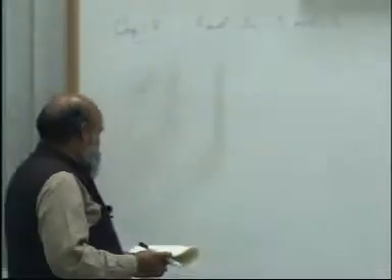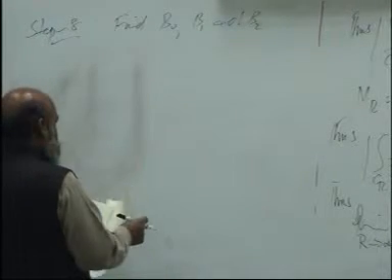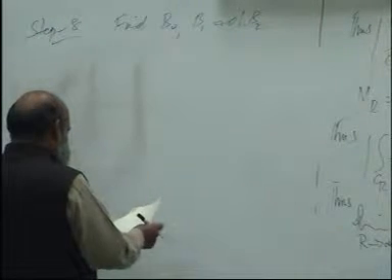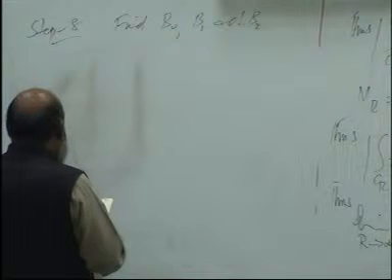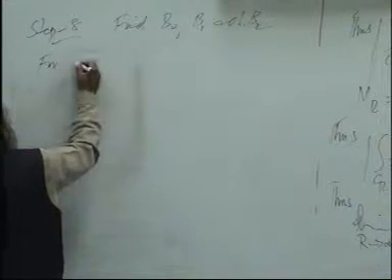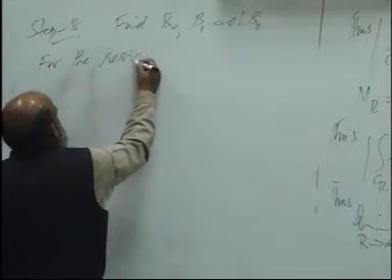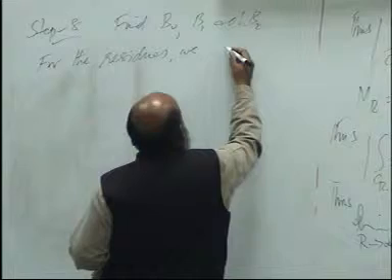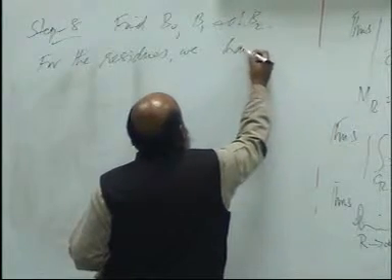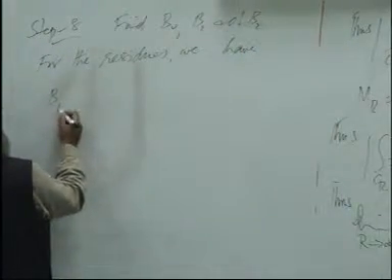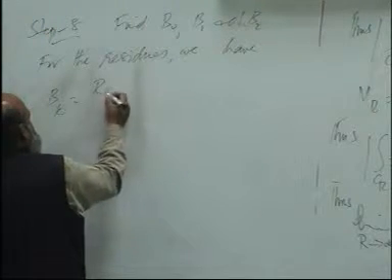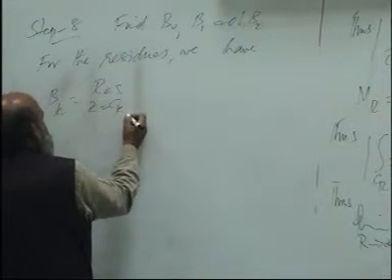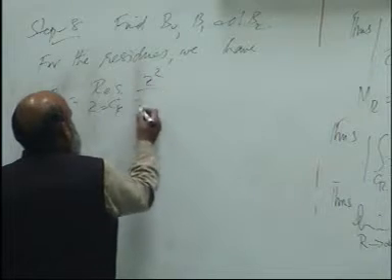Okay. So here for this particular question, we have 3 singular points. For the residues, we can use this Bk, that is residue at z equal to Ck of z square over z^6 plus 1.